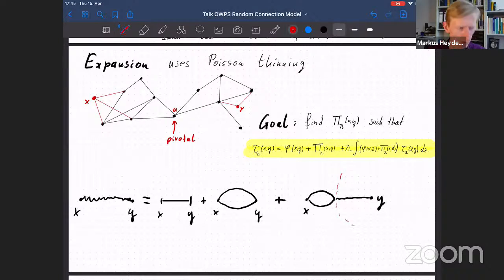I draw this to clarify that on the left-hand side there's a sausage, and of course these connected components can look rather complicated. But this red line should indicate that this part of the cluster should not intersect with this, because then this point would not be pivotal. So this is the first pivotal point.